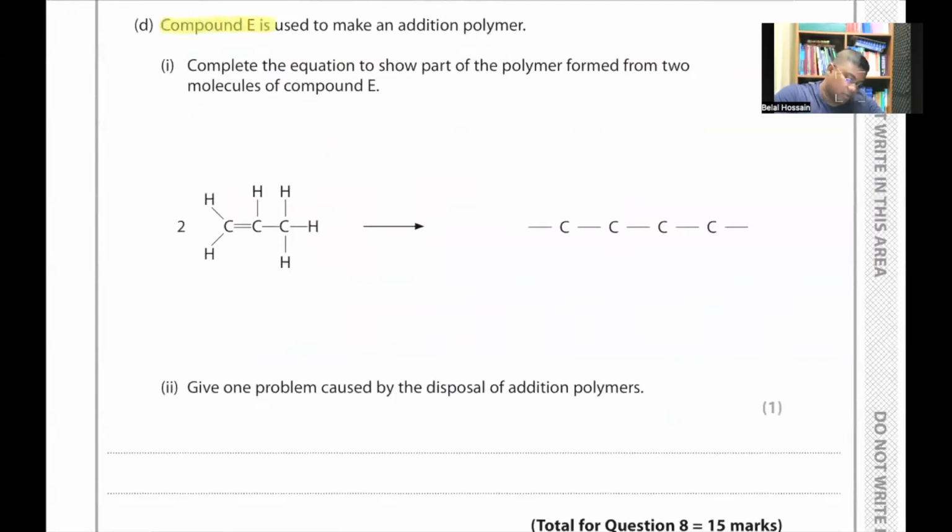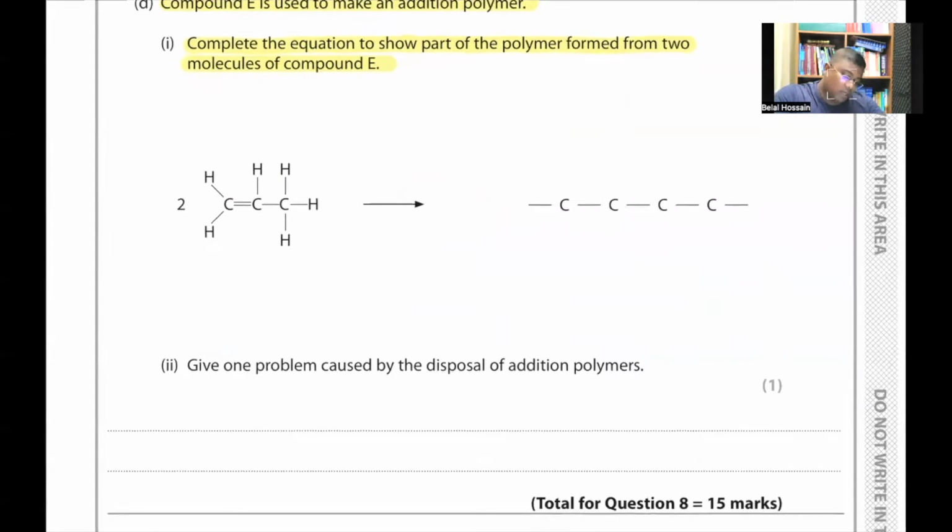Part D. Compound E is used to make an addition polymer. Complete the equation to show the part of the polymer formed from 2 molecules of compound E. So we must notice the carbon-carbon double bond. That is our main goal. The carbon-carbon double bond, we just have to imagine that it was centered over here. Now the double bond disappeared.